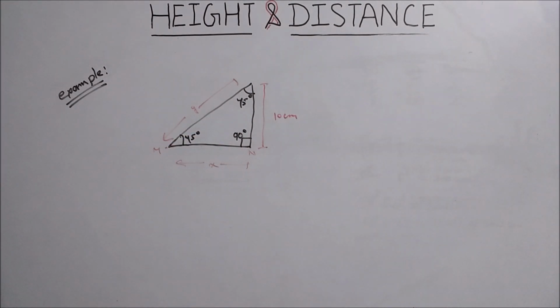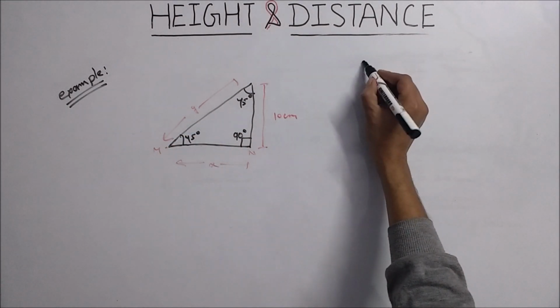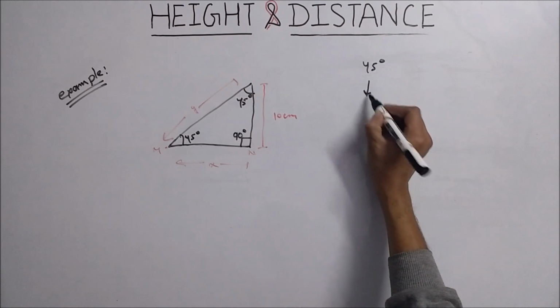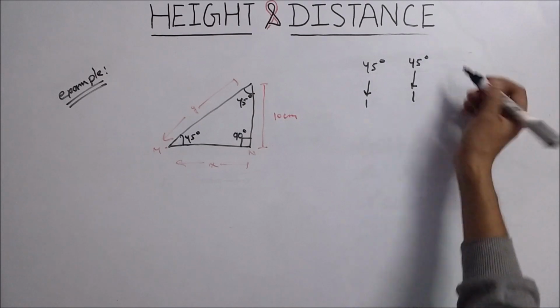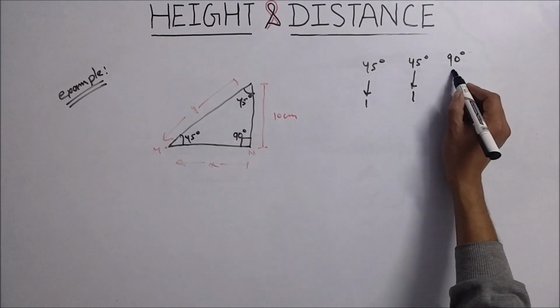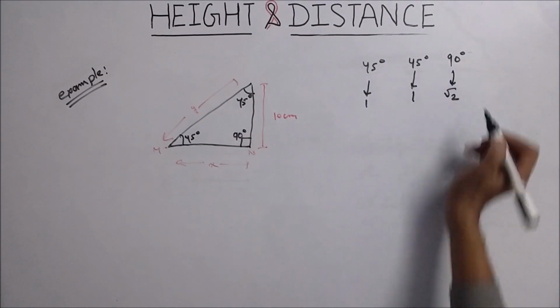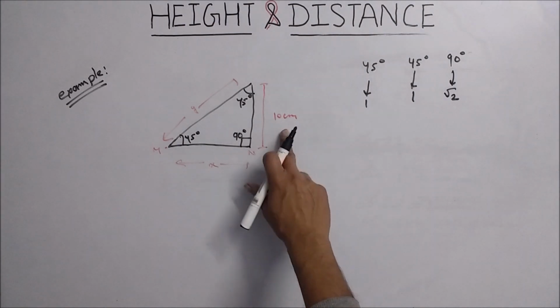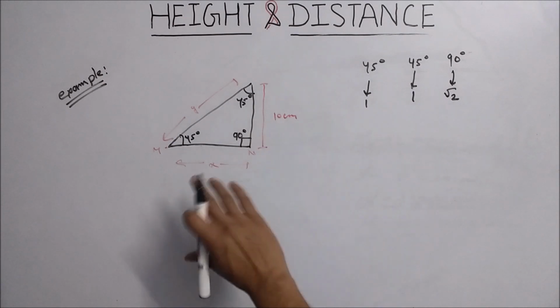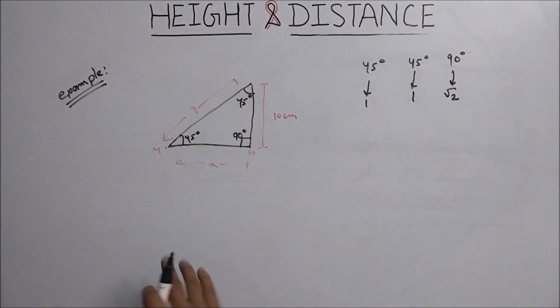Again, for this you have to remember the value of 45 degree. 45 degree is 1, and 90 degree is root 2. So if you're talking about this side, now we interrelate as we did in the previous question.